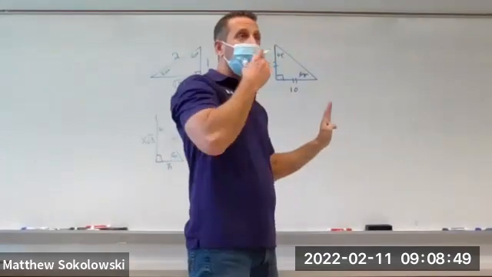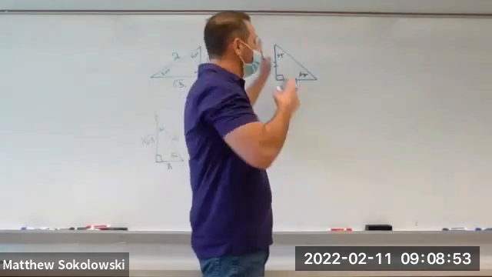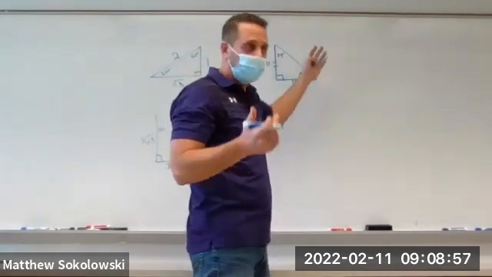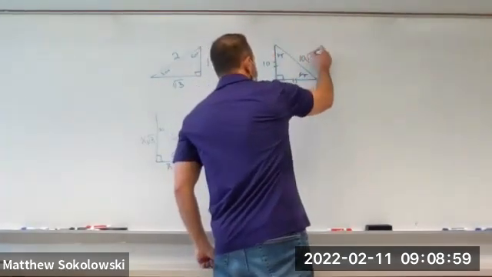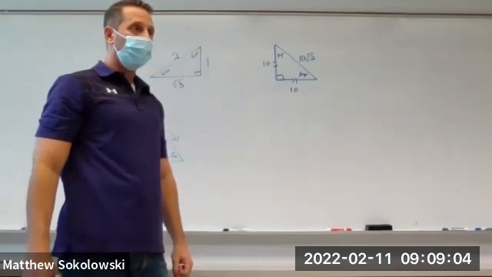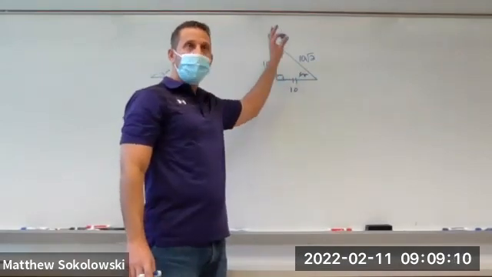You can do the Pythagorean Theorem, or if you remember what we came up with yesterday, whatever this was. Alex? 10 rad 2. 10 rad 2 times rad 2. Oh, never mind. 10 squared plus 10 squared equals c squared.